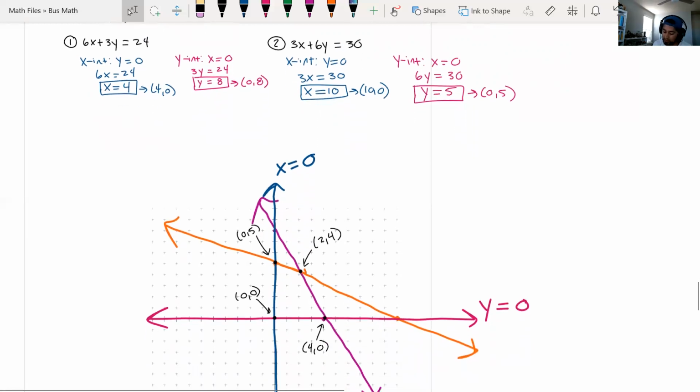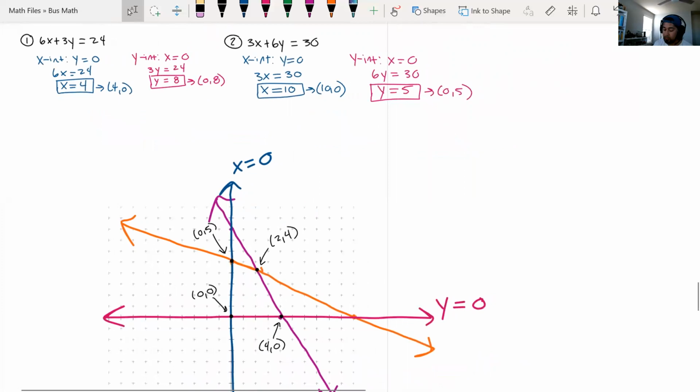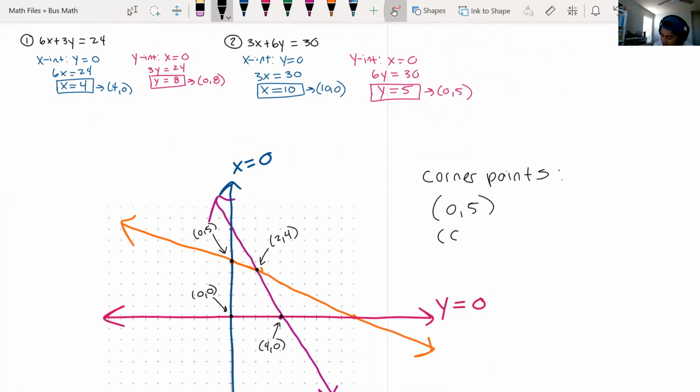We're good. So now we have our corner points, which I'm going to label: 0, 5, 0, 0, 2, 4, and 4, 0.